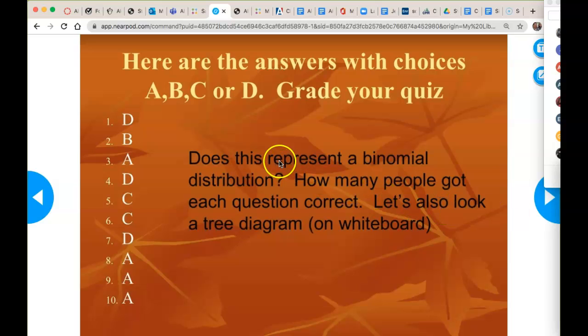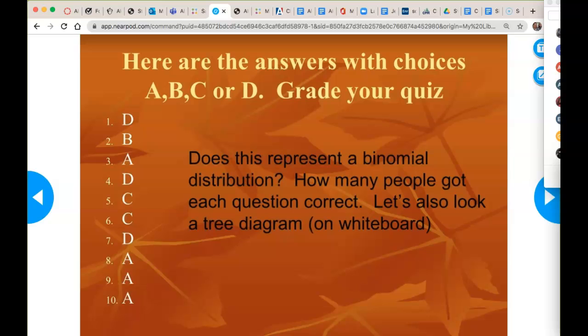So this is a simulation of taking a 10-question quiz and how many questions you get right. So I'm going to count how many 2s there are. 1, 2, 3, 4, 5, 6, 7, 8, 9.